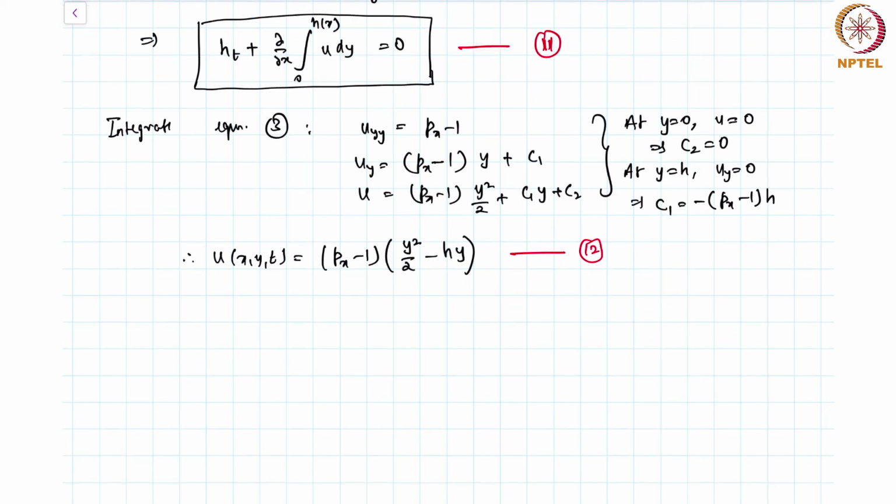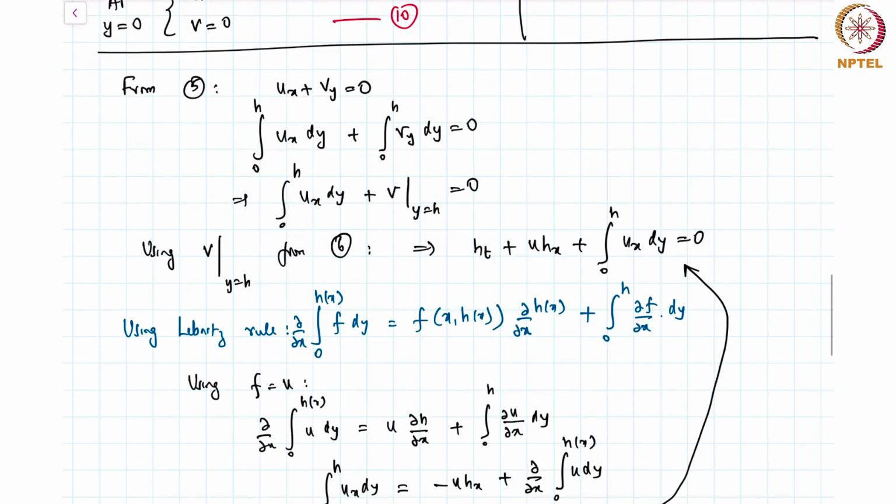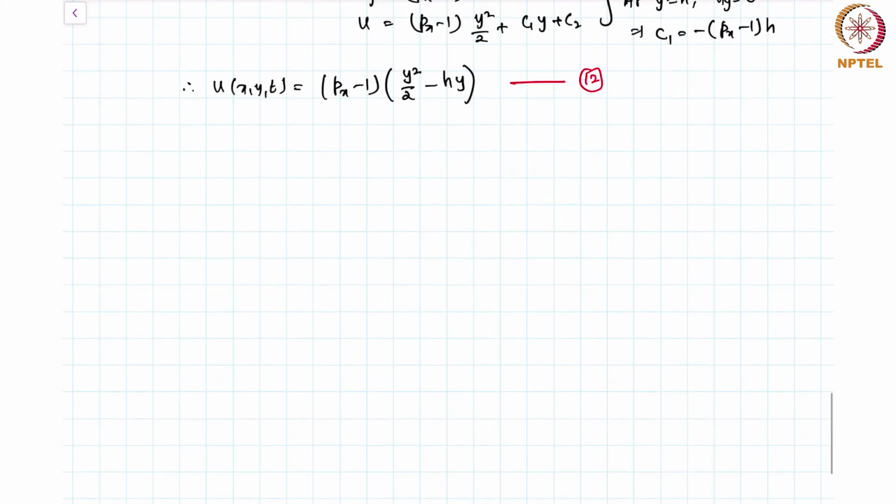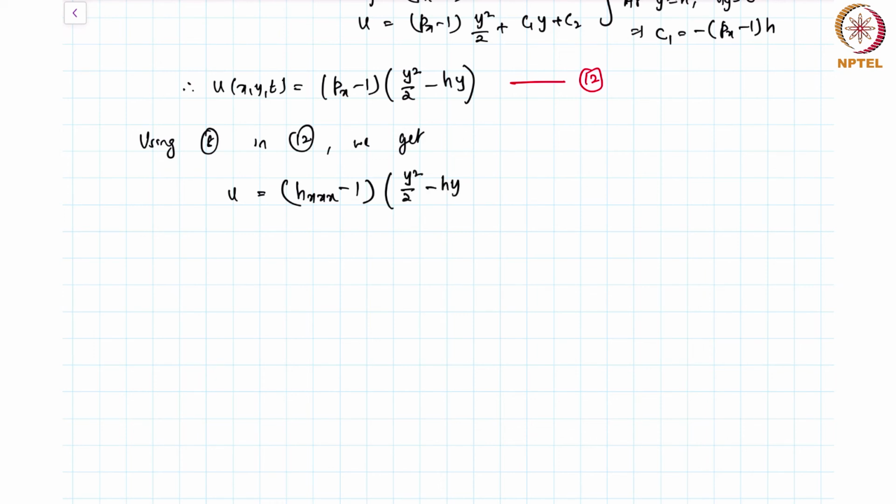We also have one more thing. We can basically substitute the expression for p in terms of the height from equation number 8. So using 8 in 12, we get u will be (h_xxx minus 1) times (y squared by 2 minus hy).